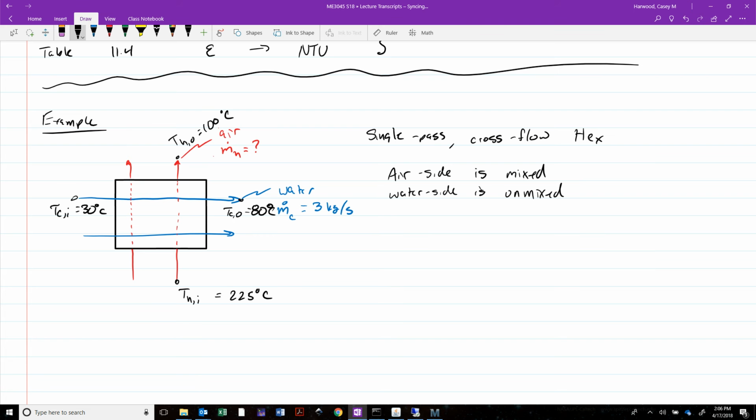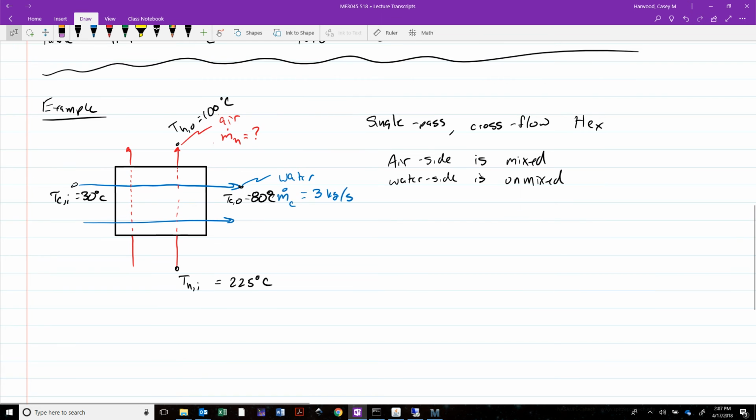So what this suggests is that the air side has some sort of design feature that homogenizes the air temperature. It's not terribly important for us to understand deeply right now, but this mixed on one side and unmixed on the other is important for us to know, because it'll affect which correlation we select in a minute.